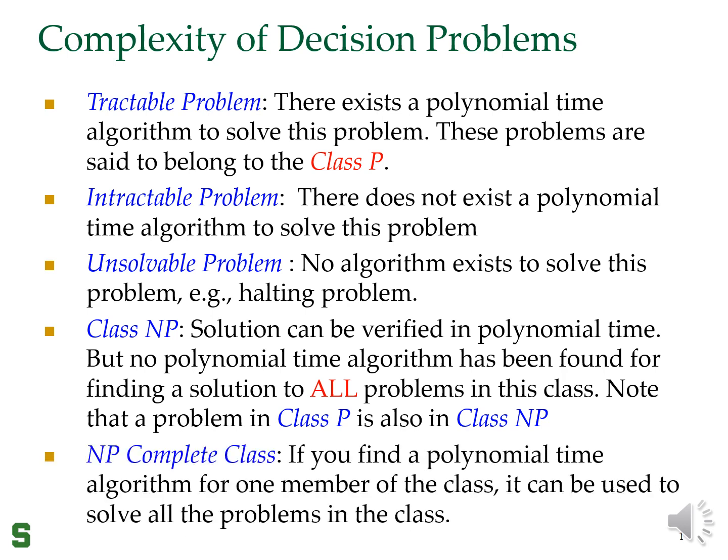NP complete is a class of problems where if you could find a polynomial time solution to any one of those problems, then it can be used to get a polynomial time solution for all problems in NP. What this means is NP complete is the class of problems that are, in some sense, the hardest problems in the class NP.